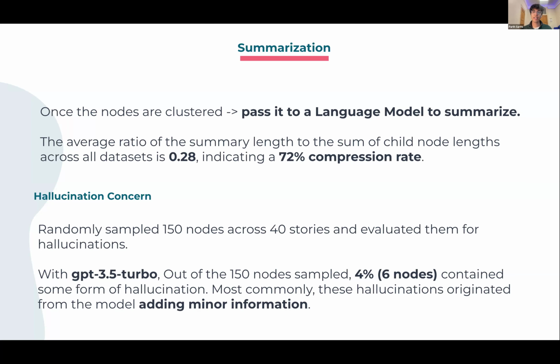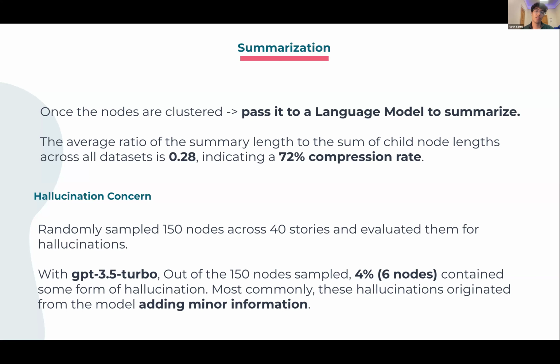With summarizing, there are obviously concerns about hallucination. If your model makes up something that is not in the child nodes that you provide, this is a concern. So we wanted to test how frequent this is. We ran an annotation study, and we randomly sampled 150 nodes across 40 stories and evaluated them. The hallucination rate is relatively low.